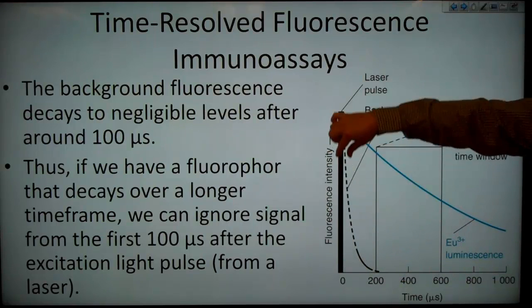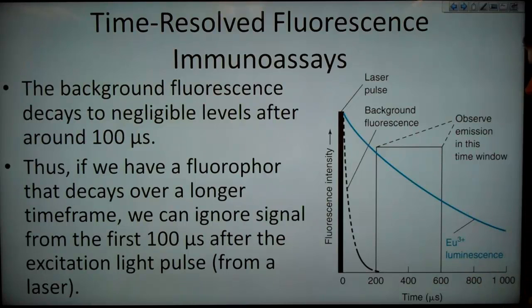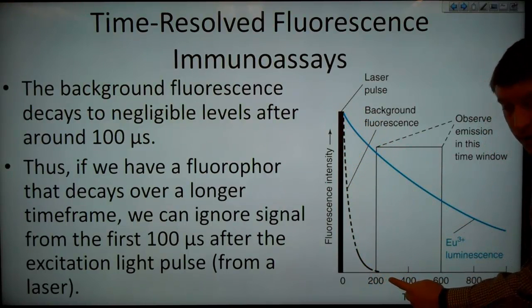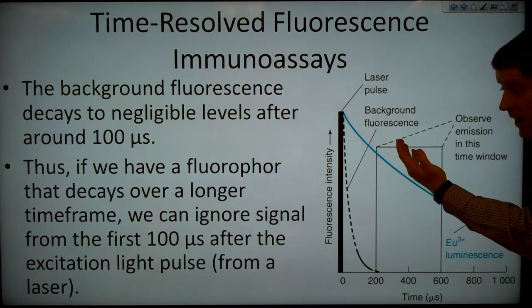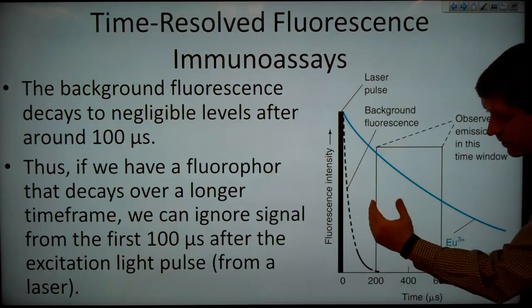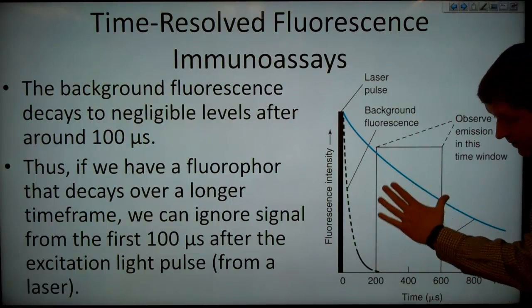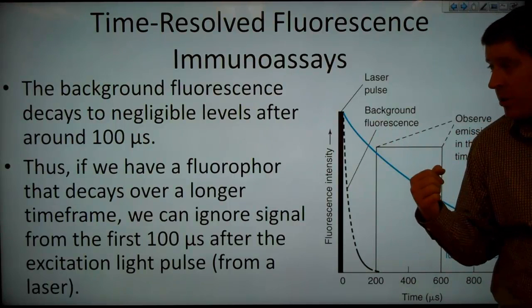We have our initial pulse of light coming in. This is a laser pulse generally. We then have some background fluorescence that decays rather quickly. What we want is a long lifetime of our fluorescence so that we can monitor after that background fluorescence has passed. We can monitor in this range the signal of our europium-3+.